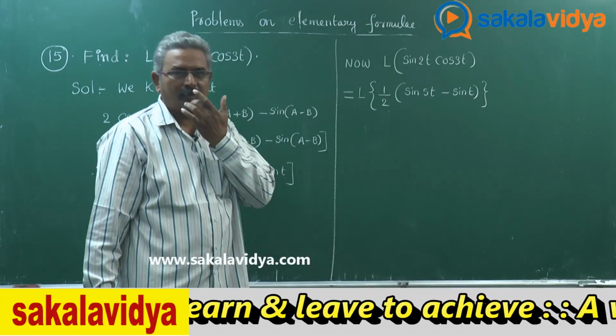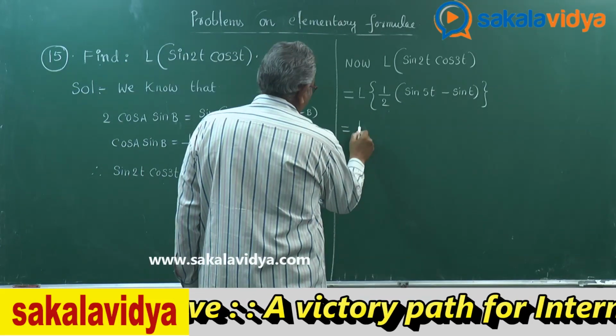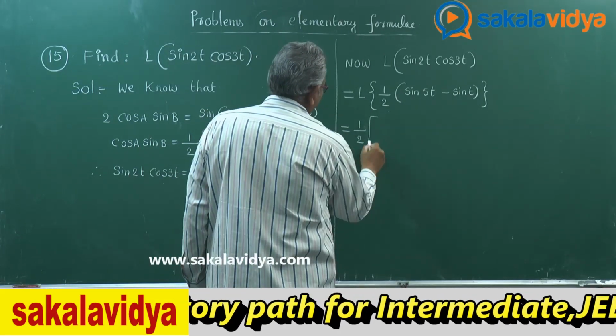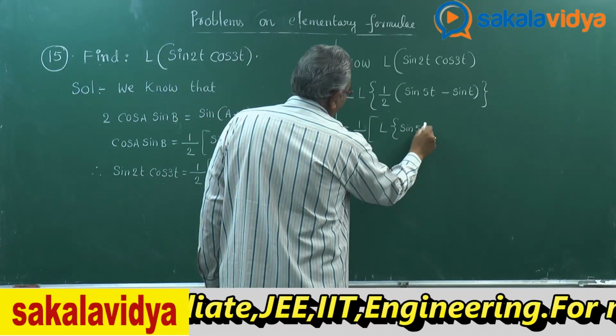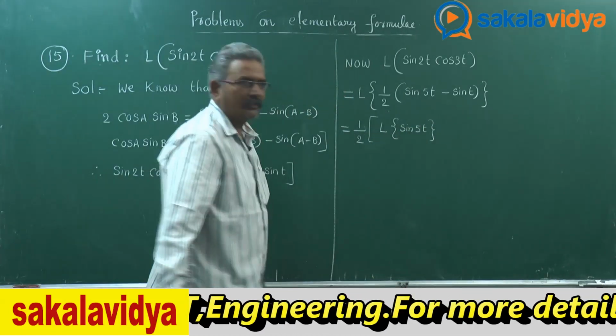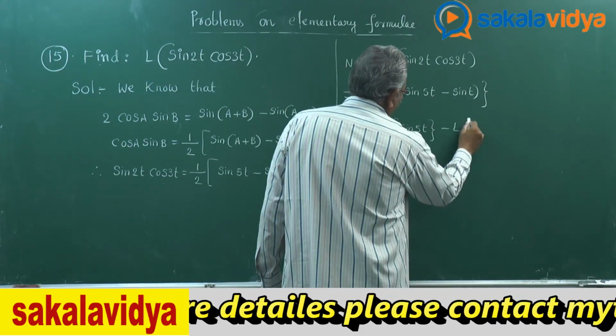Using the linearity property, this half shall be taken common out: half into L of sin 5t minus L of sin t.